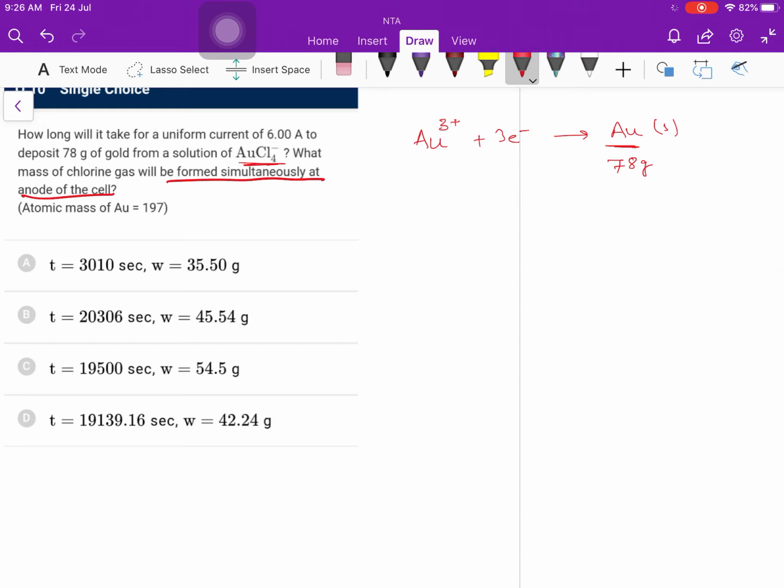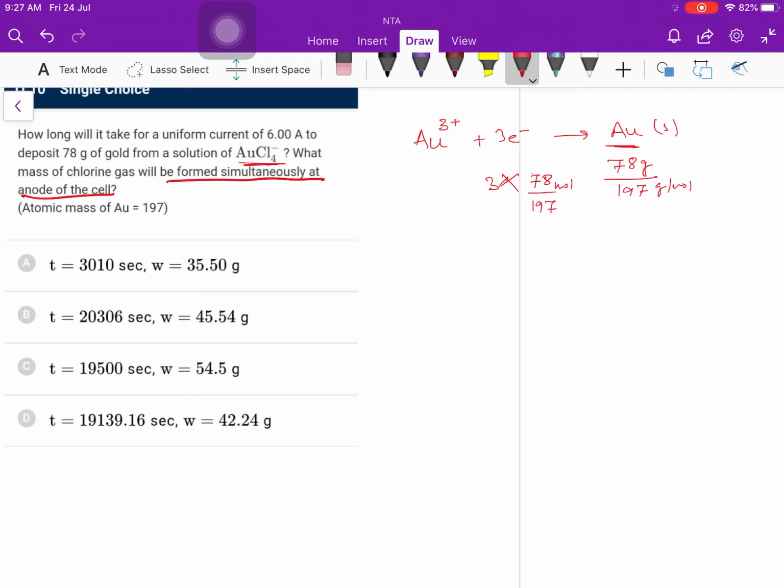So moles of 78 gram of gold will be 78 upon 197 gram per mole. The electrons needed are 3 times more, so 3 into 78 upon 197 mole.